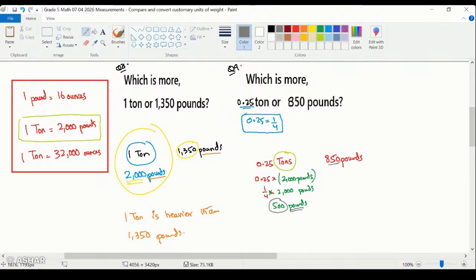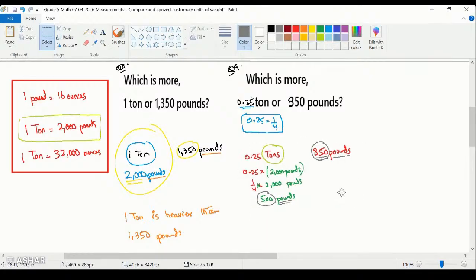The other quantity was 850 pounds. So when we compare, which should be heavier? Out of these two weights, which weight should be heavier? 850 pounds or 500 pounds?